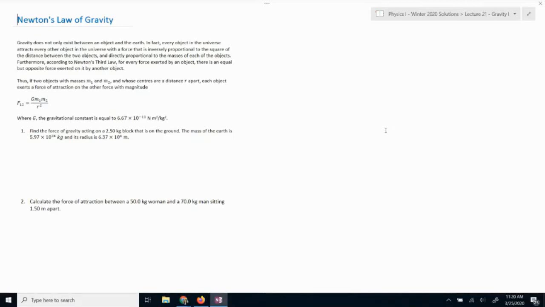Okay, so according to Newton's third law, for every force exerted by an object, there's an equal but opposite force exerted on it by another object. So if we have two masses, mass 1 and mass 2, and their centers are a distance r apart from each other, okay? So some distance that we're calling r is the distance between the centers of the two objects.